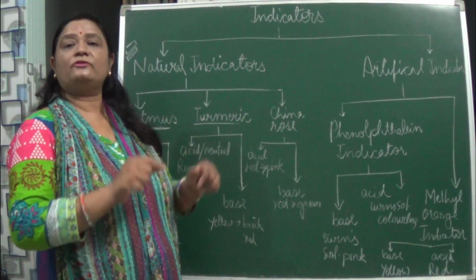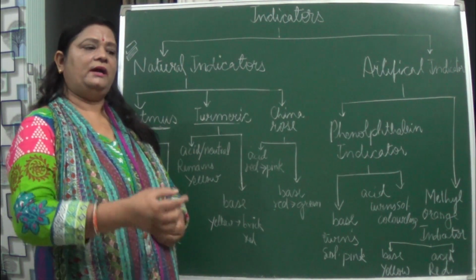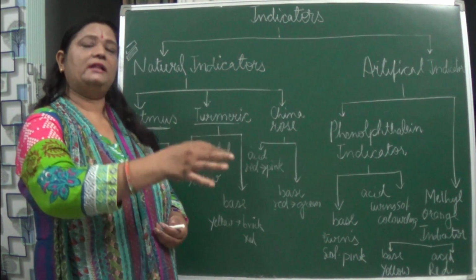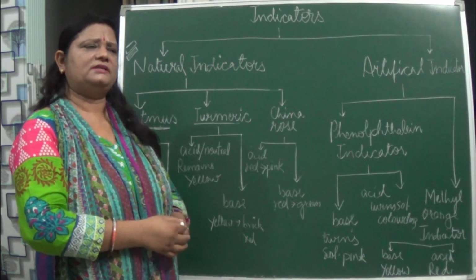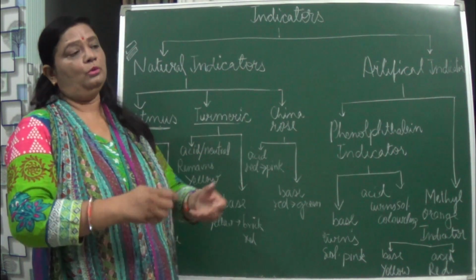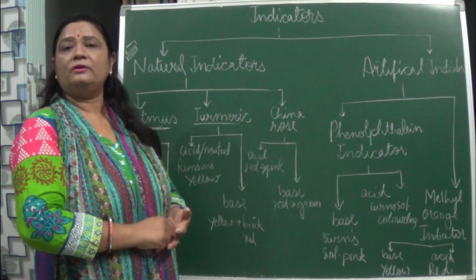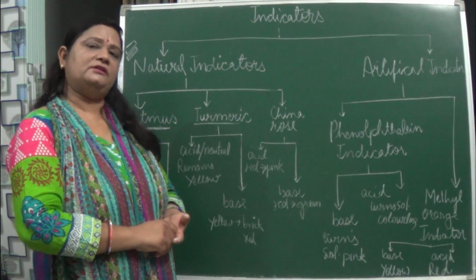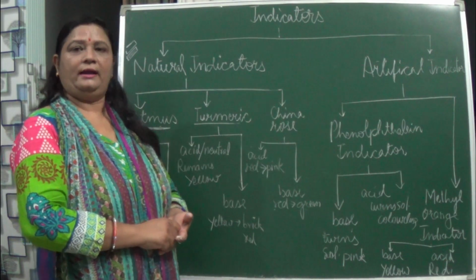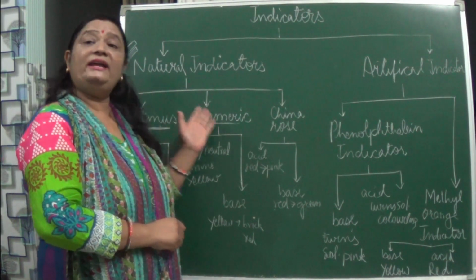Take a piece of cloth, add just a tinge of haldi, or you can add some food, and then wash it in water with soap. It will turn red. Why does it turn red? Actually, it is also an indicator.